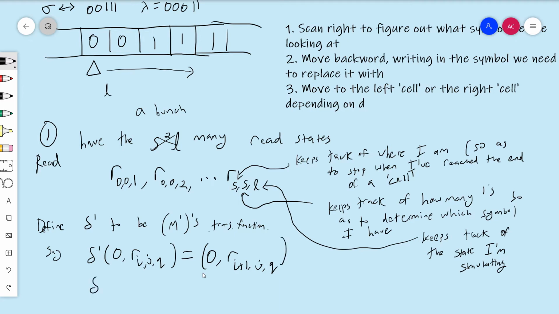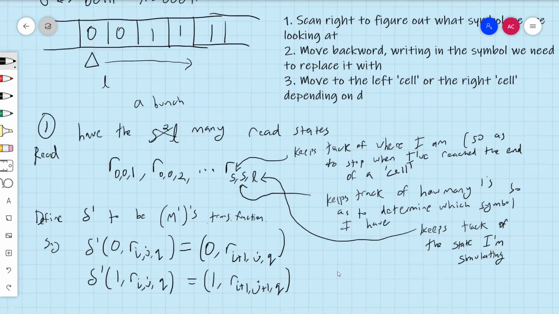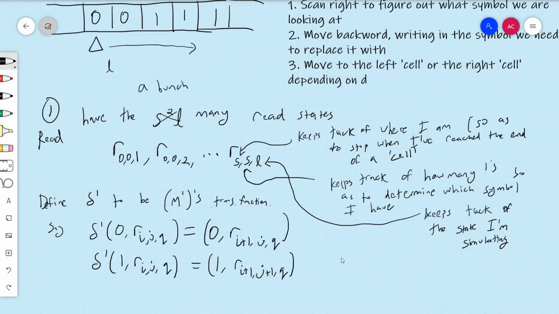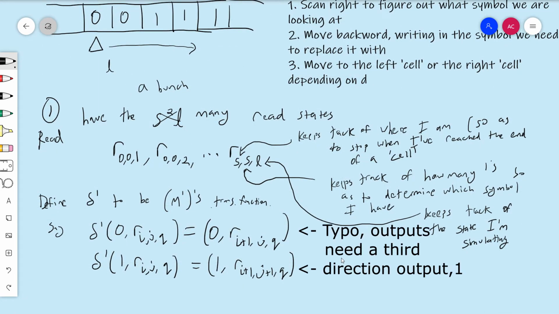And then also delta prime of 1 RIJQ is going to equal, still leave it alone, but now I'm going to increment both I and J. So that's what's going to happen. So now I'm counting the ones, and I'm also counting the steps that I've taken. And that's how it's going to go up until the end.